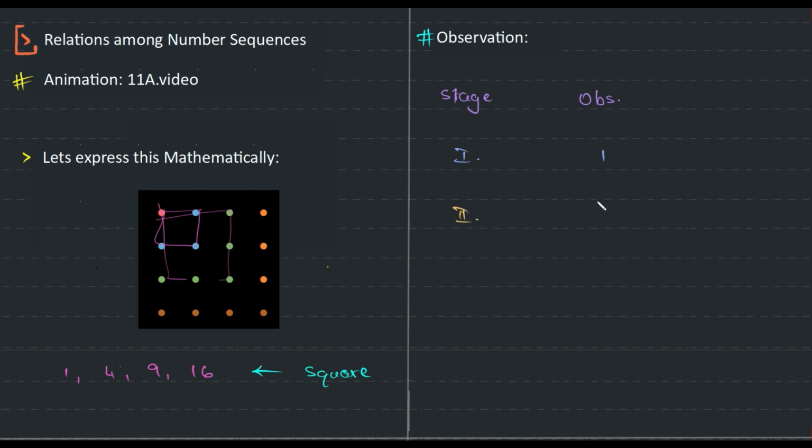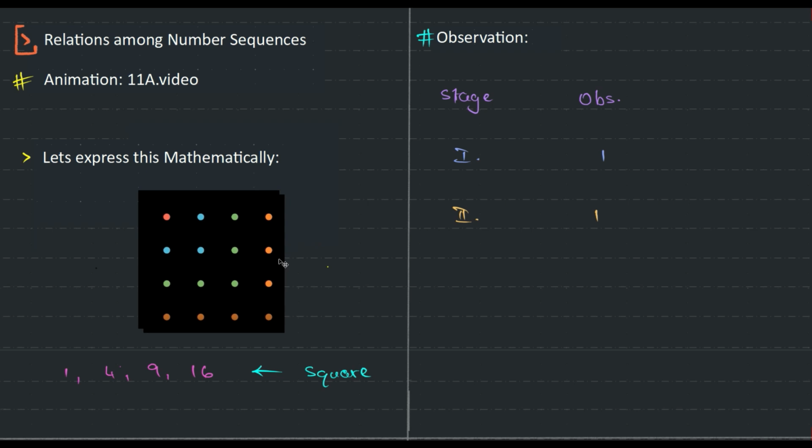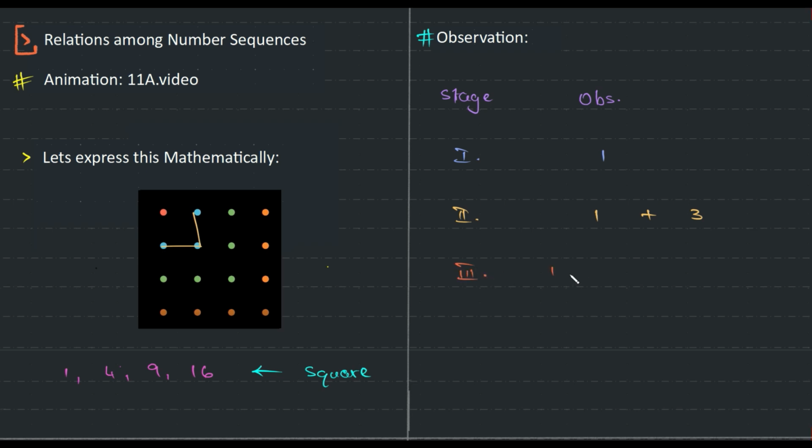In the second stage, from being a single dot, an additional 3 are joining it. Is that correct? And in the third stage, 1 plus 3 was accompanied by 5 dots, right?